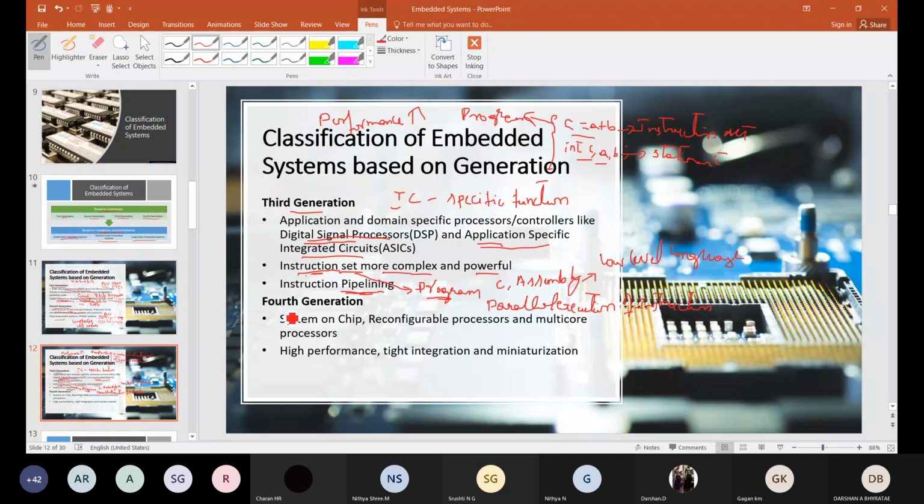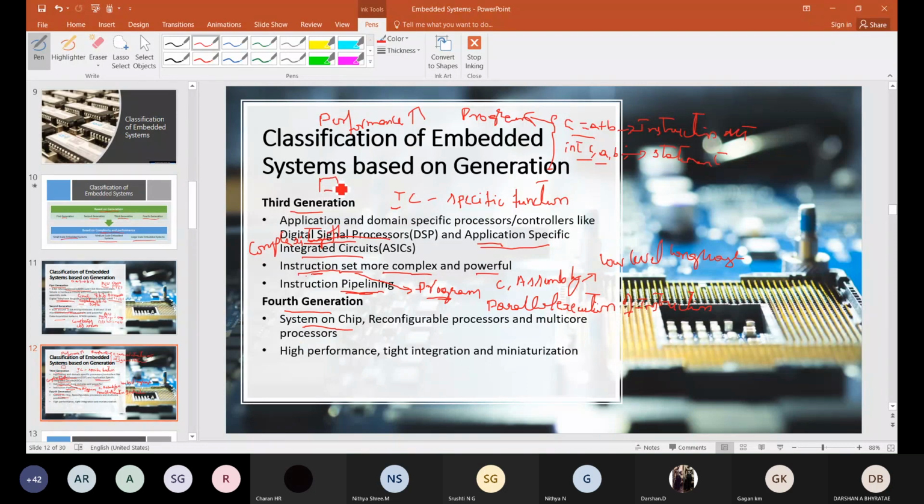Next is the fourth generation, which is nothing but system on chip. When complexity increases from one generation to another, what happens?